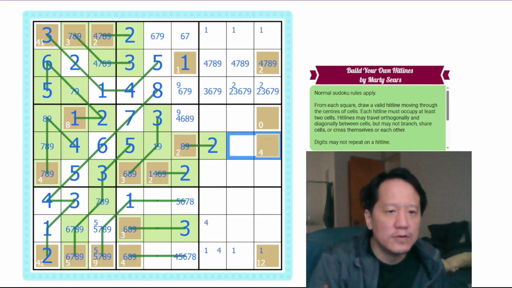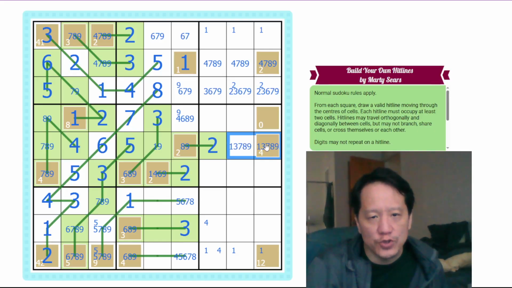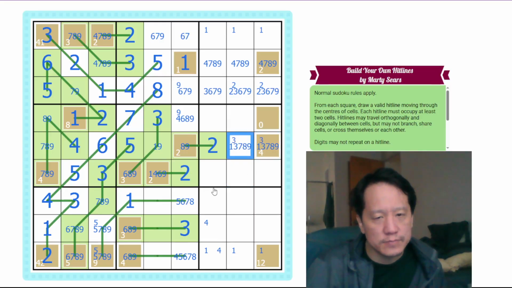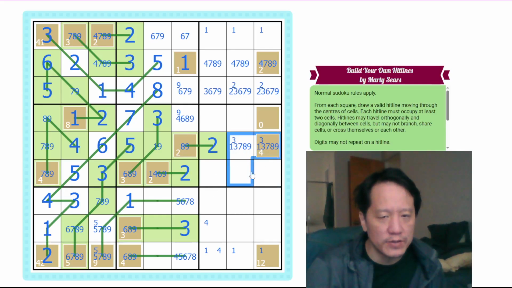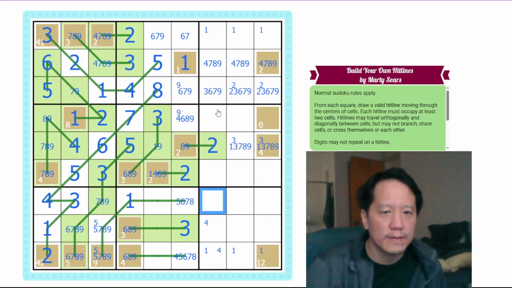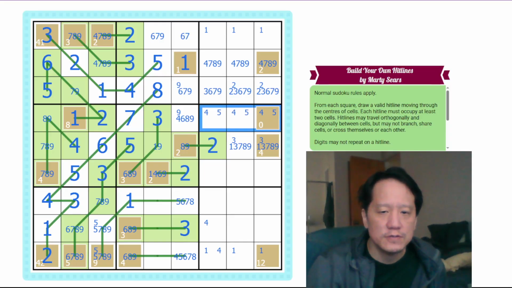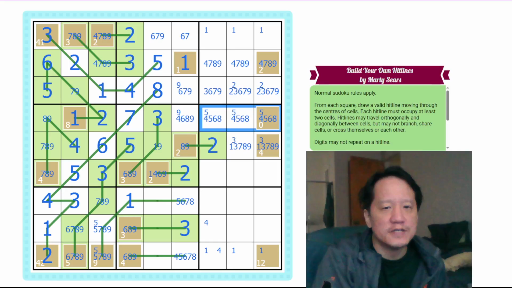We have 1, 3, 7, 8, 9, and we're guaranteed 3 has to be one of these digits. So it could be 1 something 3 or 1 something 3. Remaining digits of row 4. We have 4, 5. Oops. Well, 5 is guaranteed here, but 4, 5, 6, 8, 9.